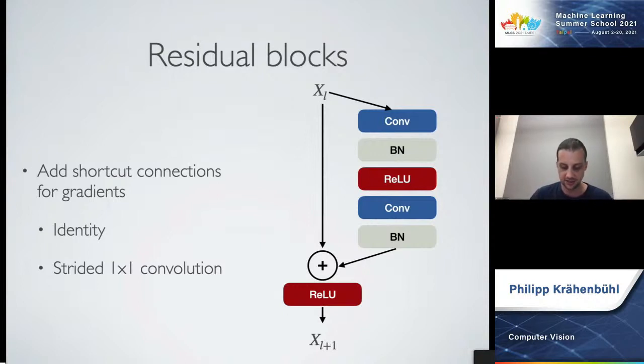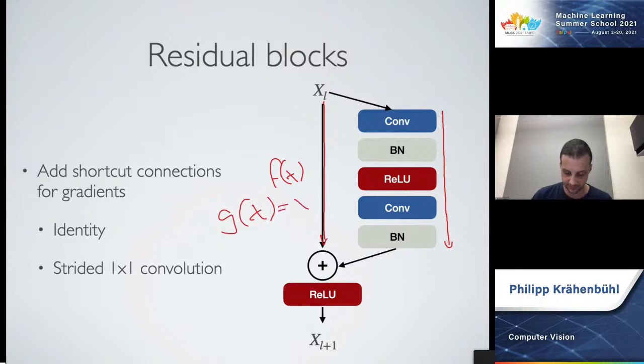So there are connections in the network that just skip entire blocks of convolutions. And instead of parameterizing a function f of x, the convolutions now parameterize g of x, where f of x is x plus g of x. So this part here is g of x. And instead of parameterizing the function directly, we now just parameterize identity plus that function.